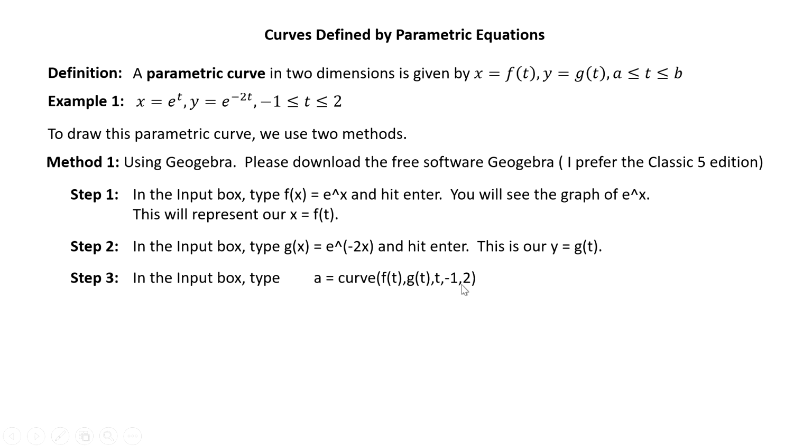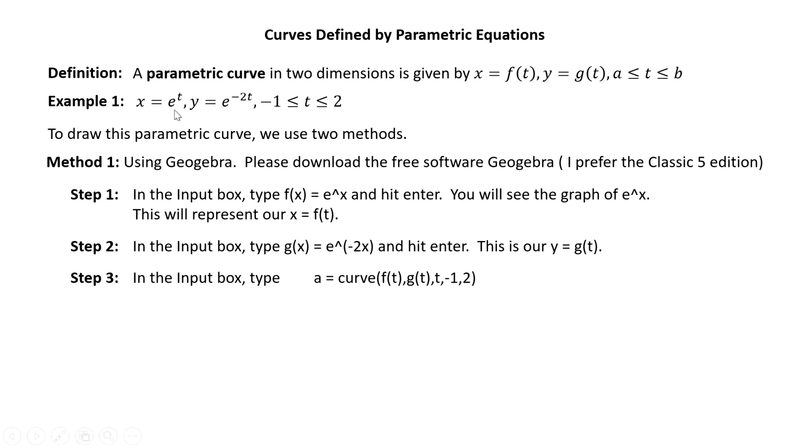What does this inform GeoGebra? It informs GeoGebra that you have to have for the x coordinate f of t. What is f of t? Well, because we entered f of x to be e to the x, the moment you say f of t, GeoGebra has got the smarts to figure out you mean e to the t.